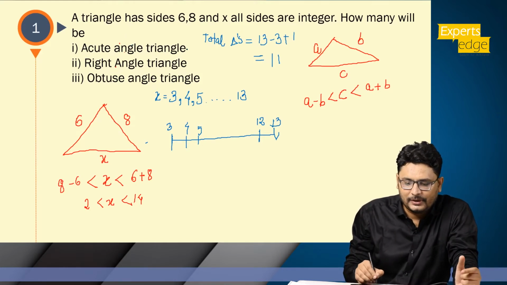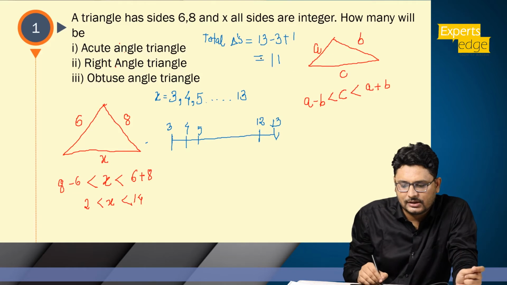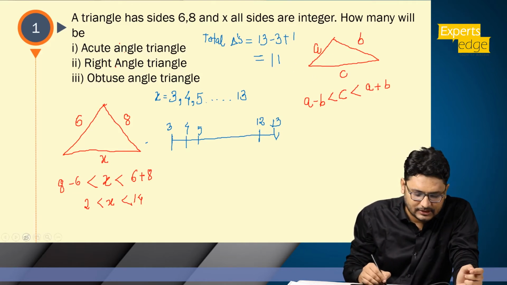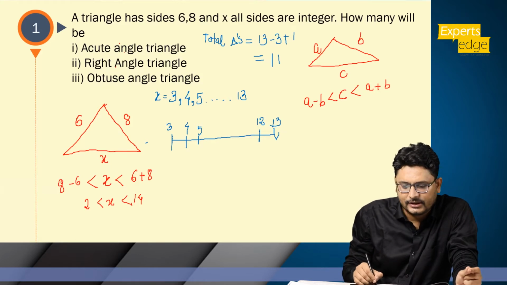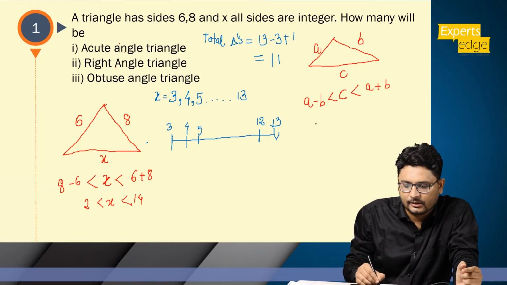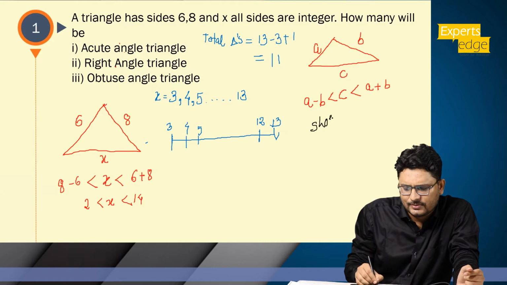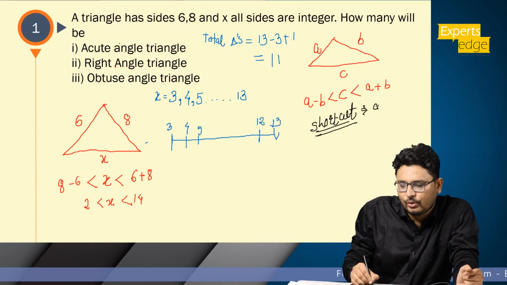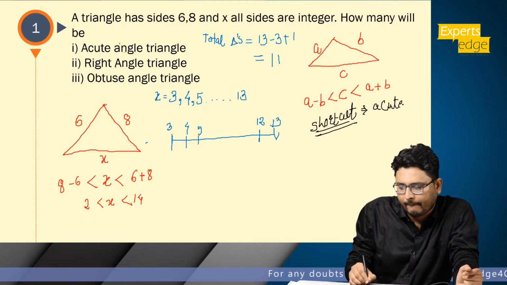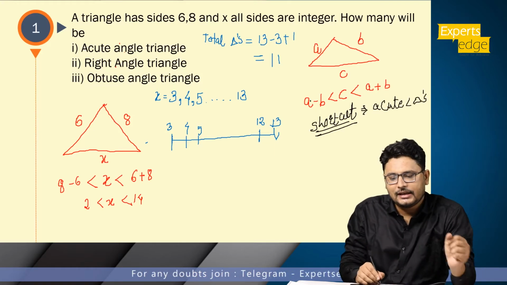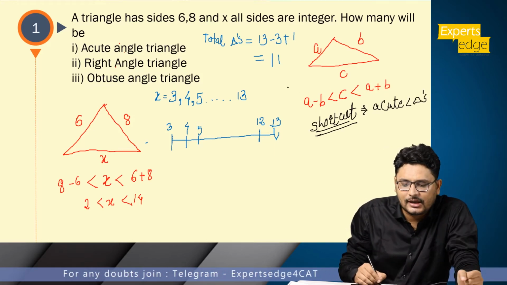Now please remember this shortcut for the acute angle triangle. I'm just mentioning here this shortcut which I'm telling you, it is for acute angle triangle. Otherwise guys general method थोड़ा tough है, बस इतना याद रखो, ये shortcut आपको क्या देगा? Shortcut will give acute angle triangles. So what does it say? जैसे ये inequality थी, it was related with what sides, right?